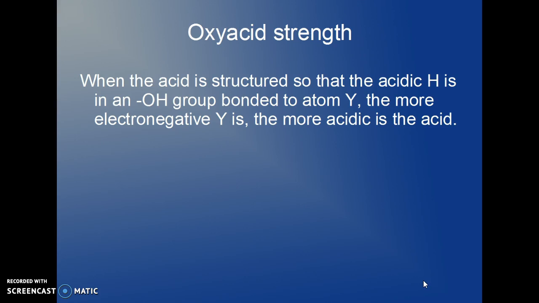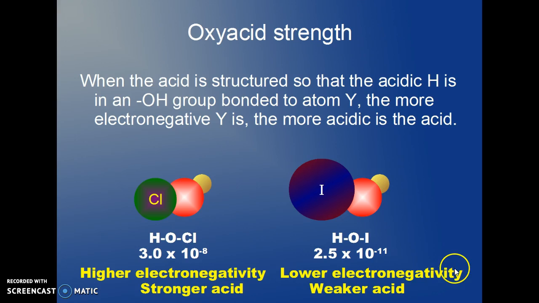And the acid then has less electron covalency to bond it to the nearby hydroxide oxygen. So, for instance, if you look at HOCl, chlorine has a high, not quite as high as fluorine, but a high electronegativity. And so it's going to pull electrons toward itself.